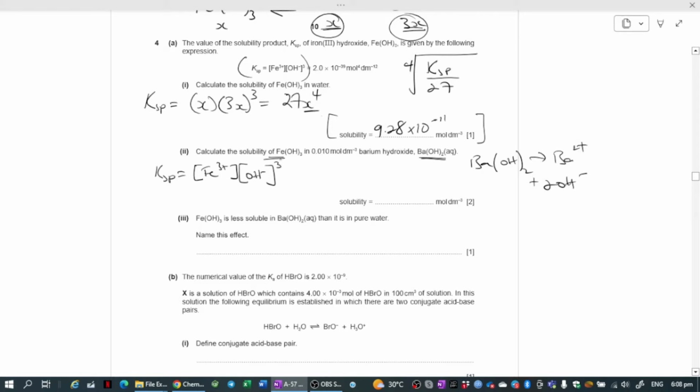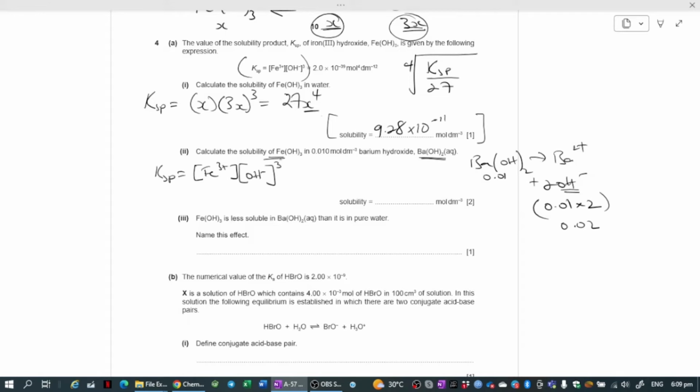So 0.01 molar barium hydroxide produces 0.01 by 2 molar hydroxide ions. So the concentration of hydroxide ions in solution would actually be 0.02 because we have 2 moles of hydroxide ions being formed.